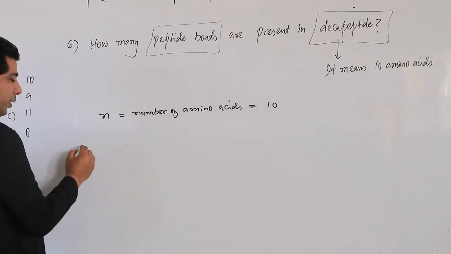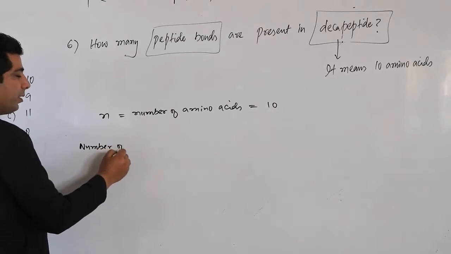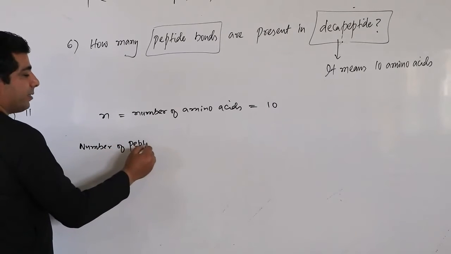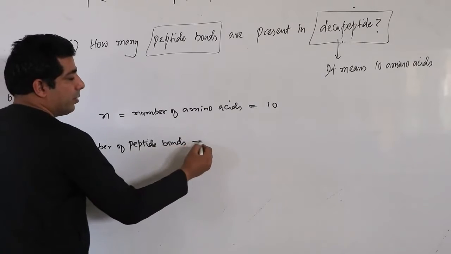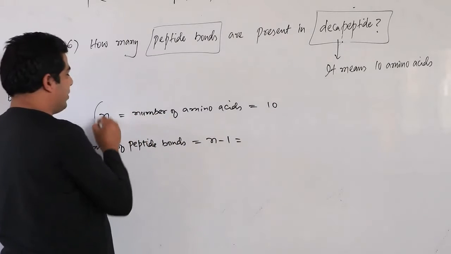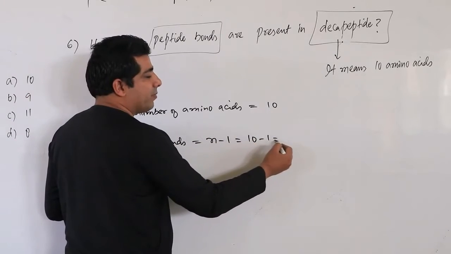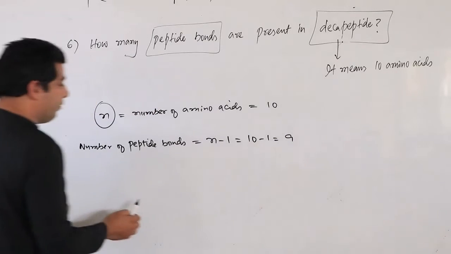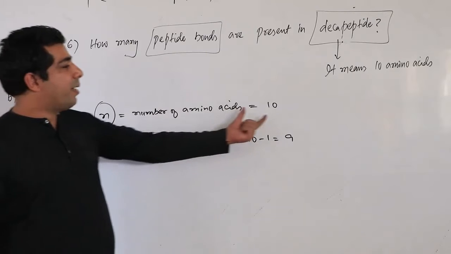So the number of peptide bonds is equal to N minus 1. We know that the N value is 10, the number of amino acids. So 10 minus 1, how much is that? 9. So we will have 9 peptide bonds in a decapeptide.